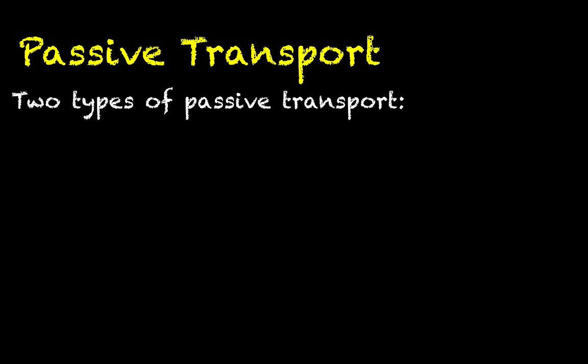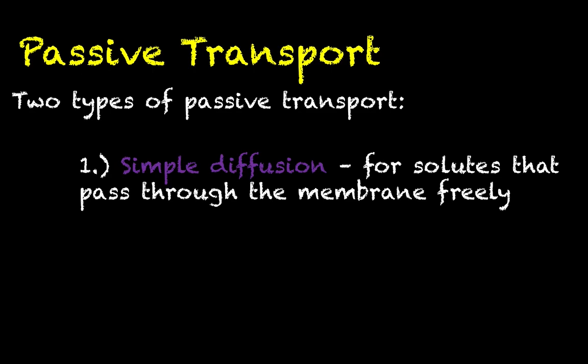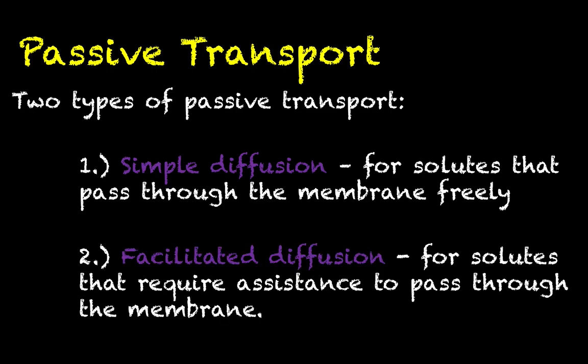So there are two types of passive transport, which again both involve molecules moving from high to low concentration. We, of course, have already discussed simple diffusion. This is a type of passive transport that applies specifically to solutes that can pass through the membrane freely. The other type of passive transport, which we will also talk about here shortly, is called facilitated diffusion.